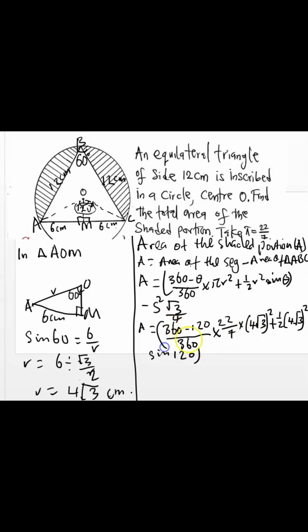The whole of this is what we have, minus s squared, which is the segment. In this case we have the segment to be 12, so it is 12 squared, then we have our root 3 over 4. So this is the information that you have. We can proceed from here.